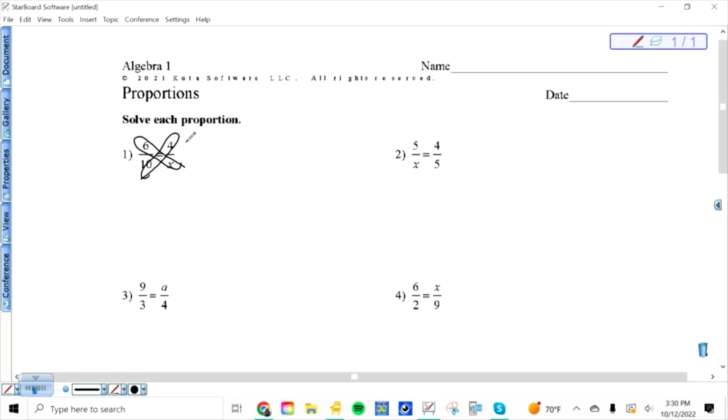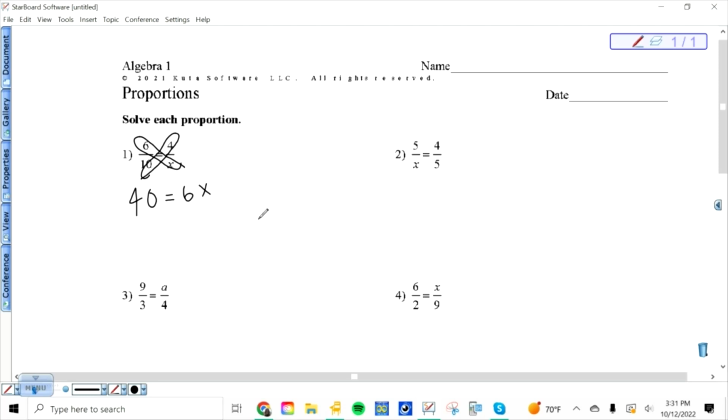10 times 4 gives me what? And 6 times x gives me what? Excellent. So now I got to figure out what is x. What is the number that when multiplied by 6 would give me 40? How do I solve for x?